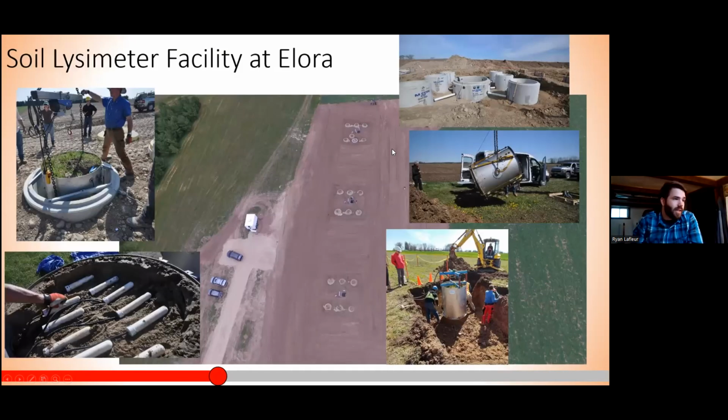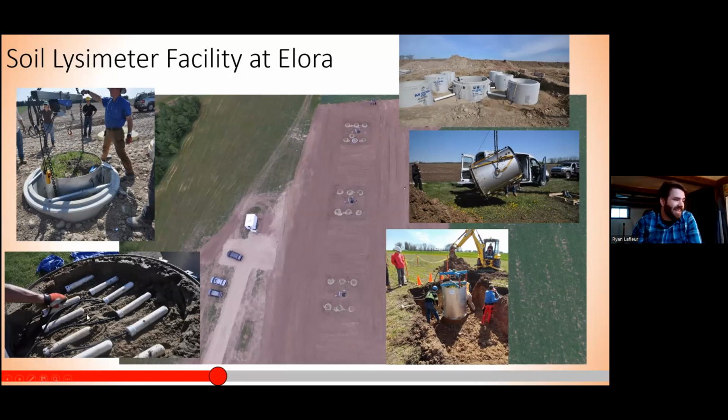Here is the Elora Research Station lysimeter site, where we have 3 hexes, each with 18 meter squared lysimeters on weighing scales. They're also hooked up with temperature probes, matrix potential probes, water content probes, you name it.